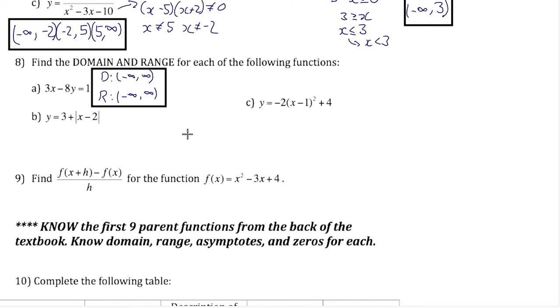Okay, here we go. Let's look at C, because B is a little bit tricky. You have to recognize that this is a times x minus h squared plus k.